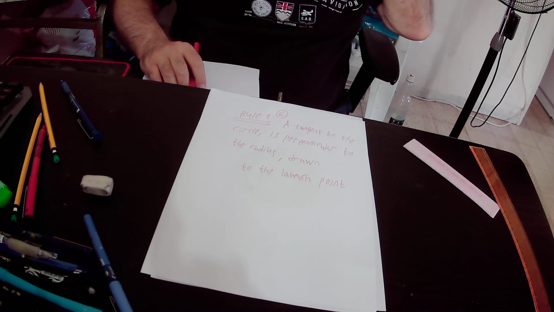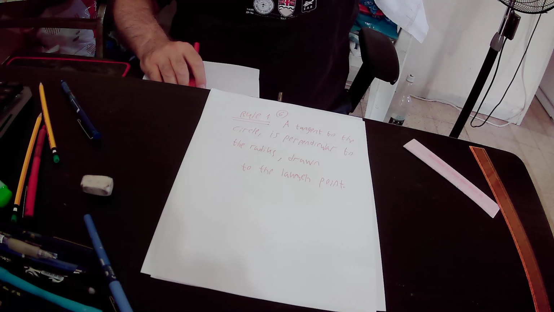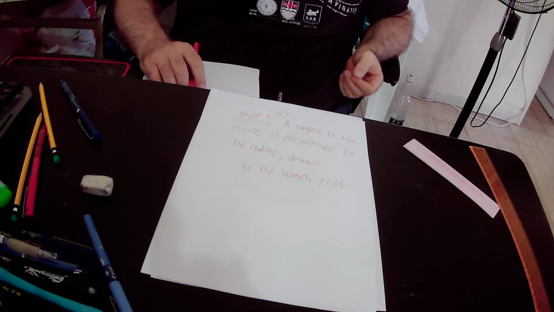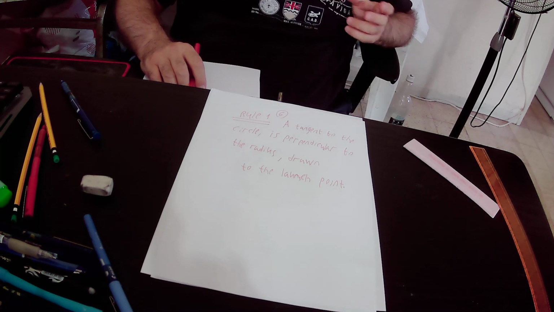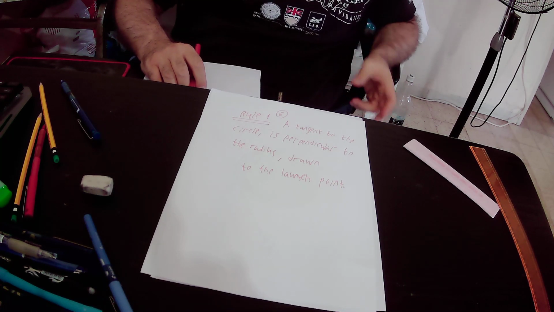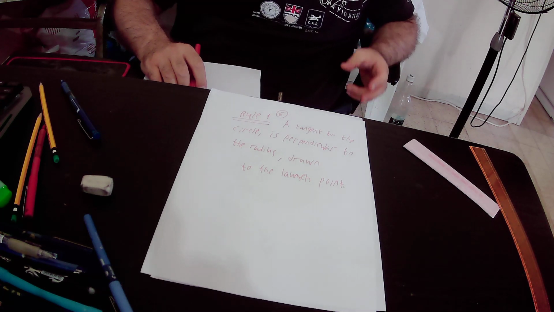Okay, so the meaning of this rule is that if you have a radius that is drawn to the touch point, then that radius will be perpendicular to its tangent.